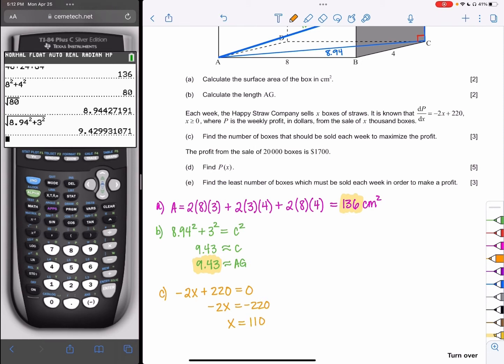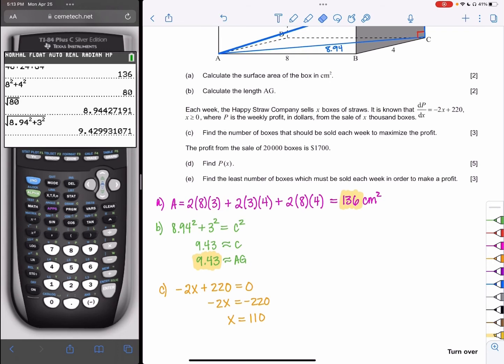All right, so that means, remember, it says P is the weekly profit in dollars from the sale of X thousand boxes. Okay, so because we need to figure out how many boxes we should sell each week, then I know that if X is 110 and that's going to represent the number of thousands of boxes, then I should be saying that we are dealing with 110,000 boxes.